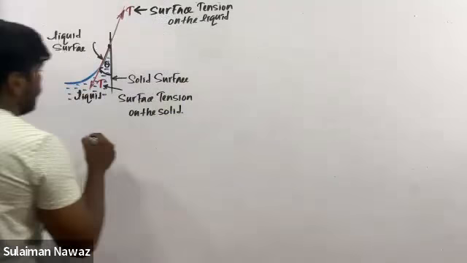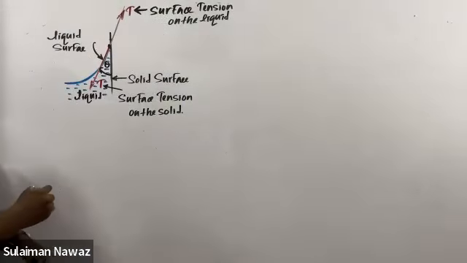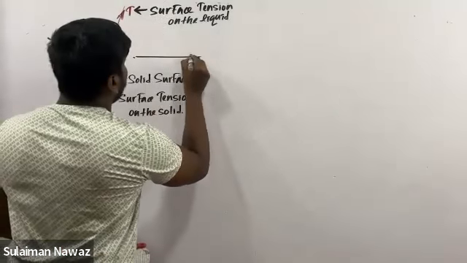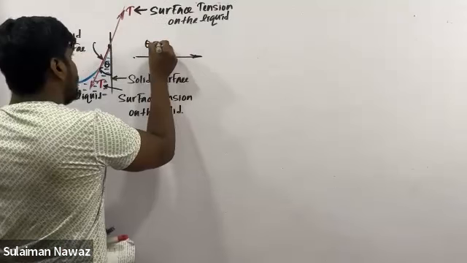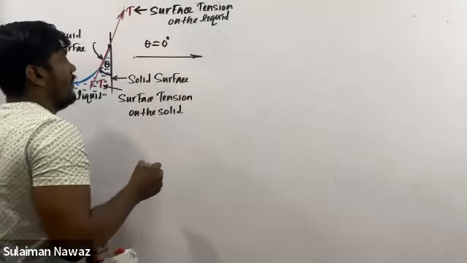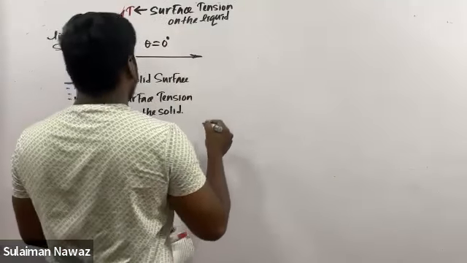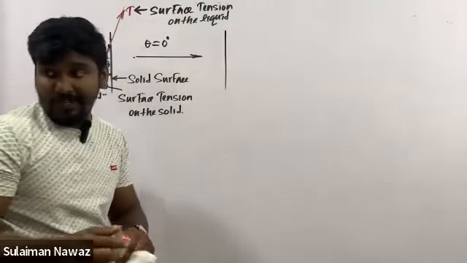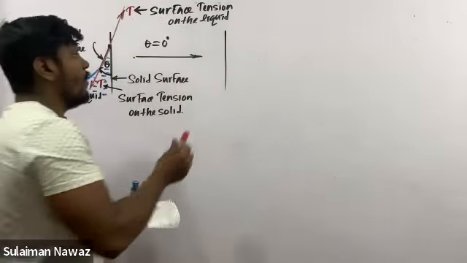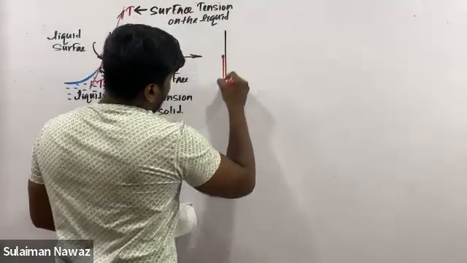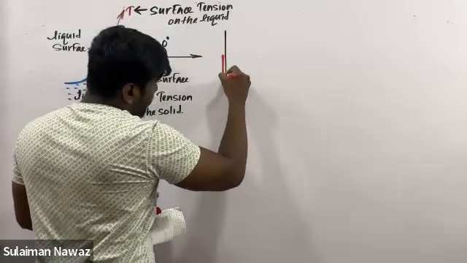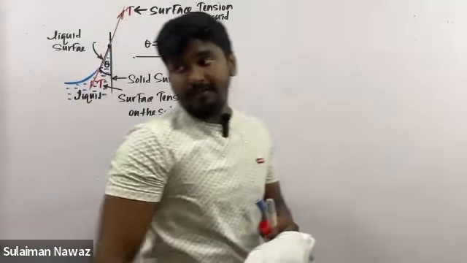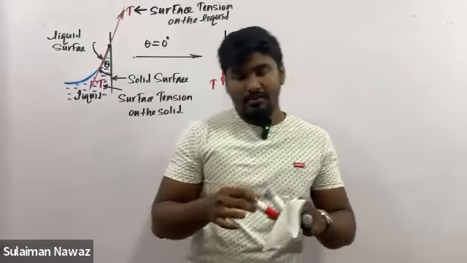The direction of surface tension on the solid will be the vertical downward direction. You got it? Right? Okay.